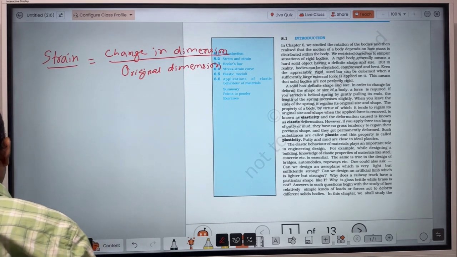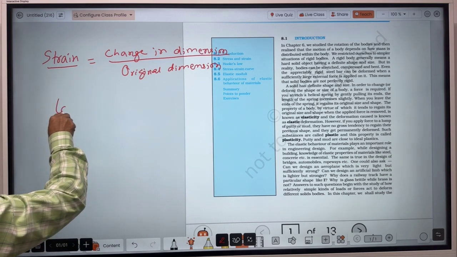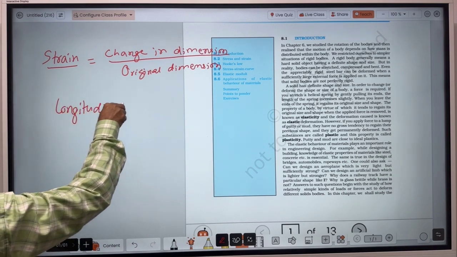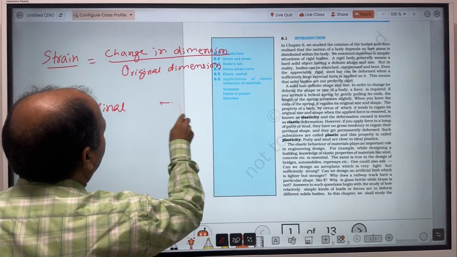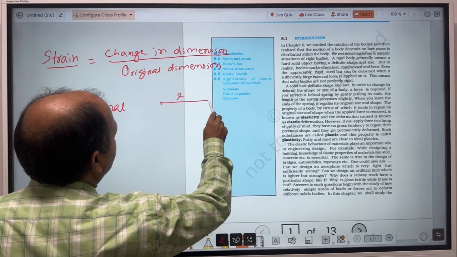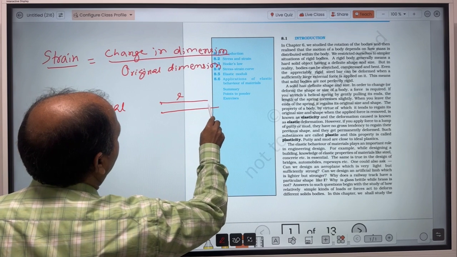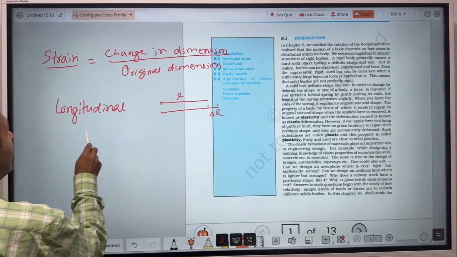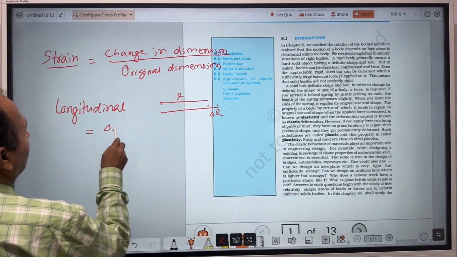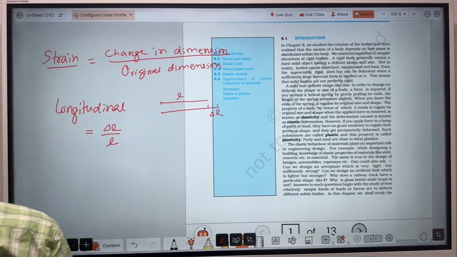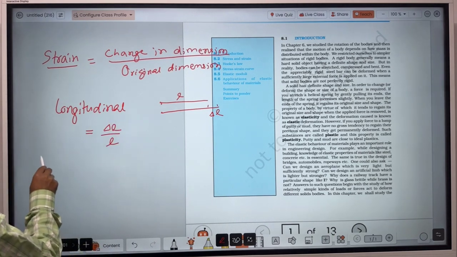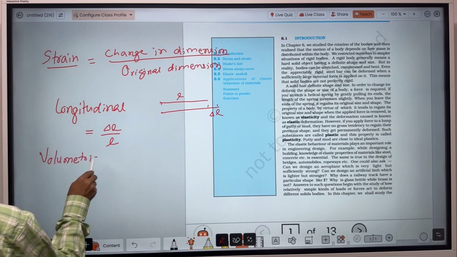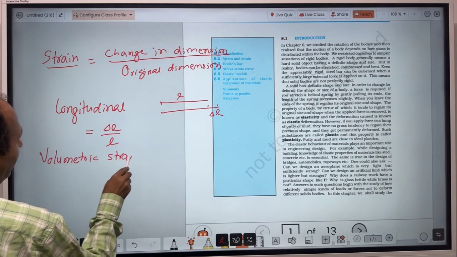Then comes types of strains. So first one is longitudinal. It means when length increases, suppose after applying force there is increase in length delta L. So longitudinal strain will be delta L divided by L. Then comes volumetric strain.